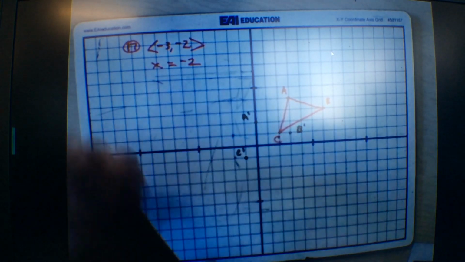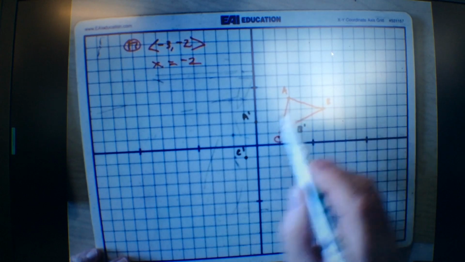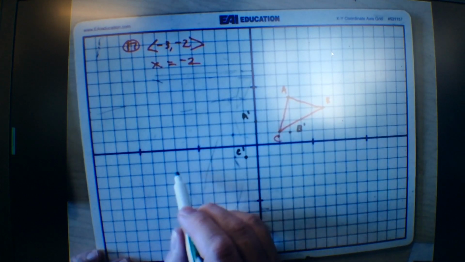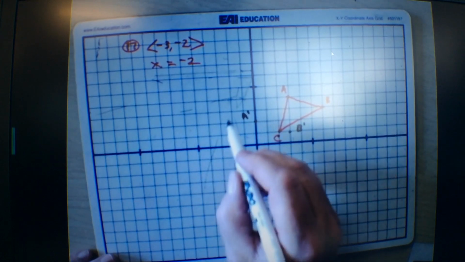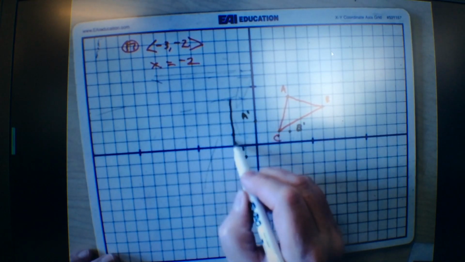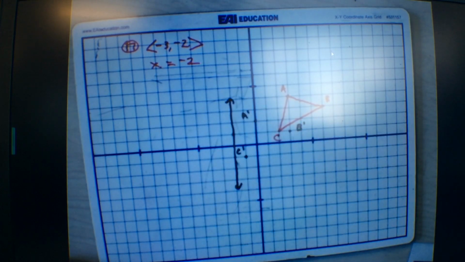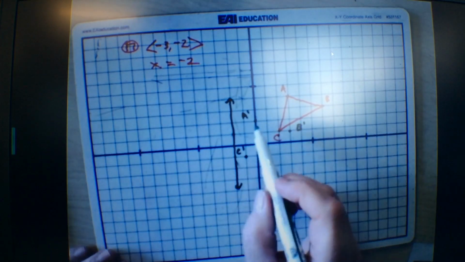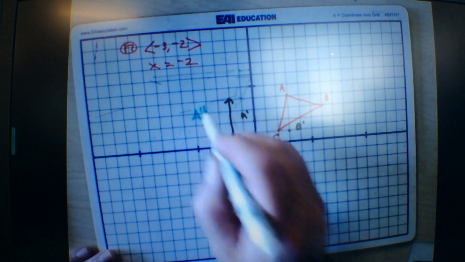Then I'll choose a different color, okay? And I'm gonna reflect it over x equals -2. That's this line here, isn't it? Yes. Okay, so what I wanna do then is take each point to it and away, right? So this is A double prime.